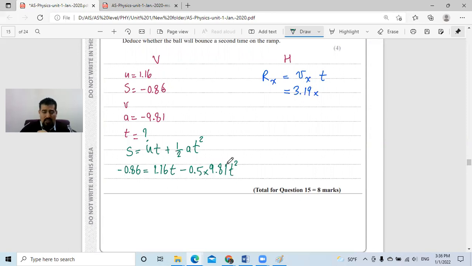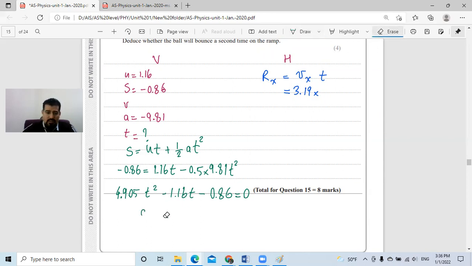As you can see here, I have two t's, so I have a quadratic equation. I have to fix it, so I'll move this to the other side. It will be 4.905 t squared minus 1.16 t minus 0.86, all of this equal to 0.